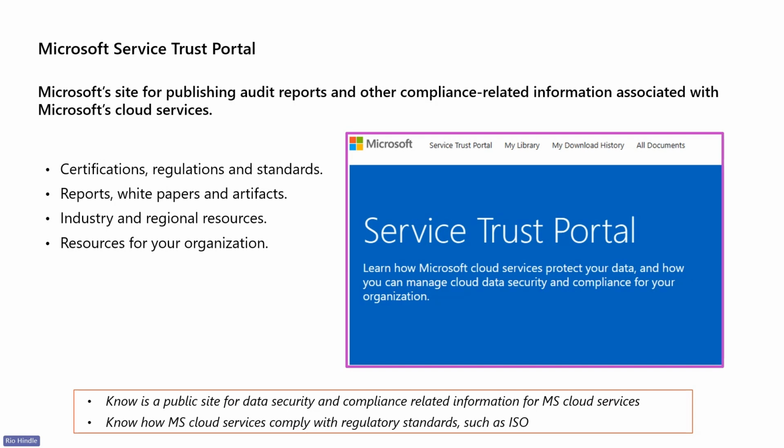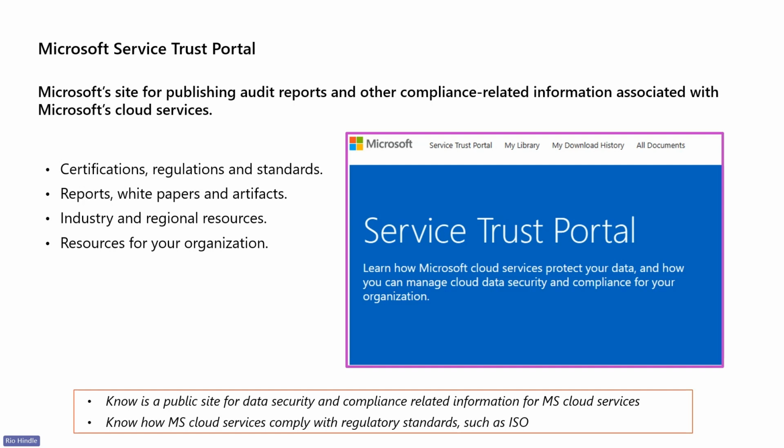And some of the content categories included in the Service Trust Portal landing page include certifications, regulations, standards, security implementation, and some design information as well, with the goal of making it easier for you to meet regulatory compliance and objectives by understanding how Microsoft Cloud services keep your data secure.